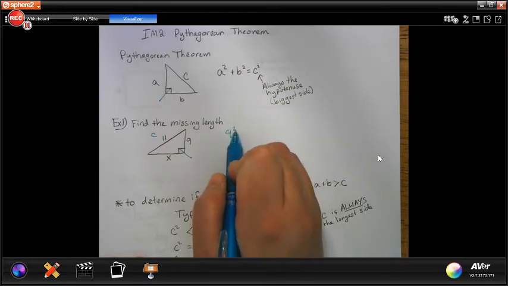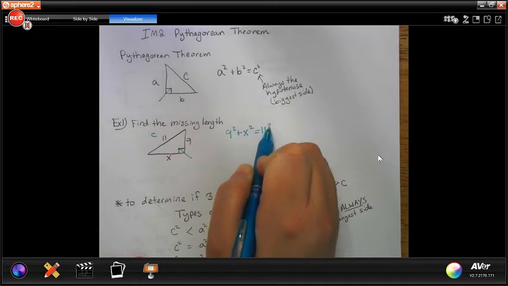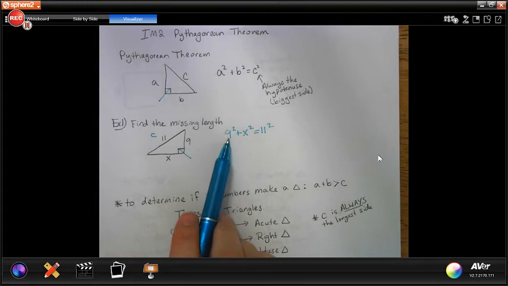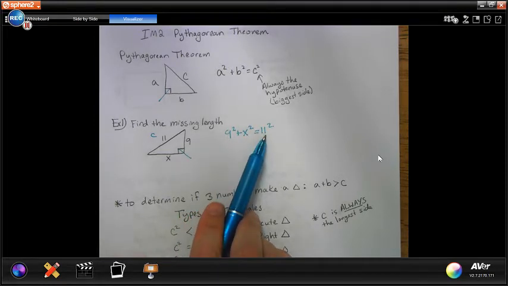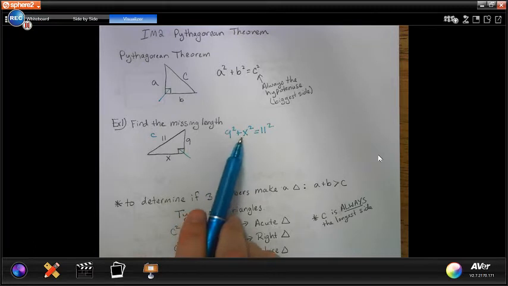So 9 squared plus x squared equals 11 squared. Or I could write x squared plus 9 squared equals 11 squared. The 11 squared is the important thing. The other two, they can go in either order.